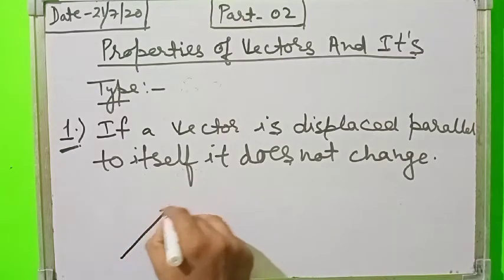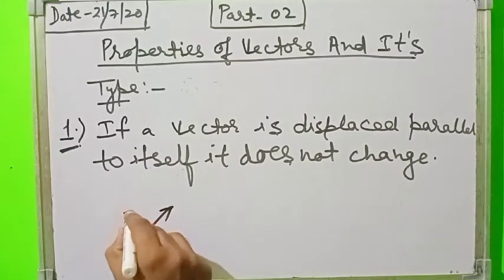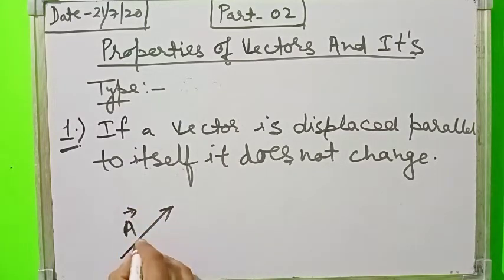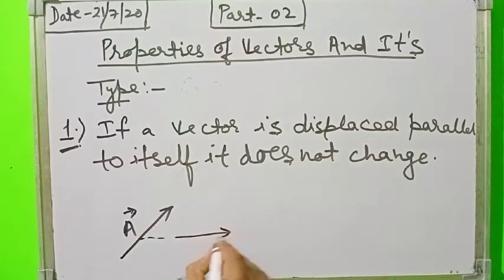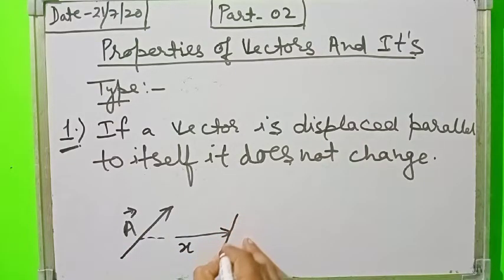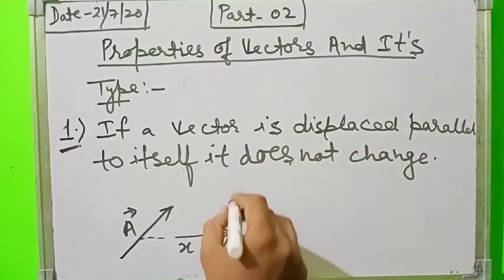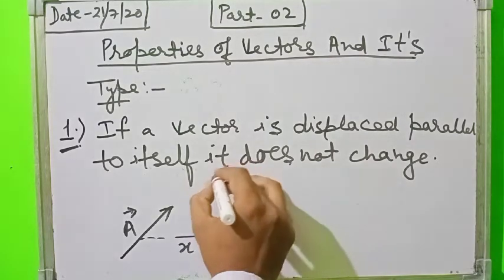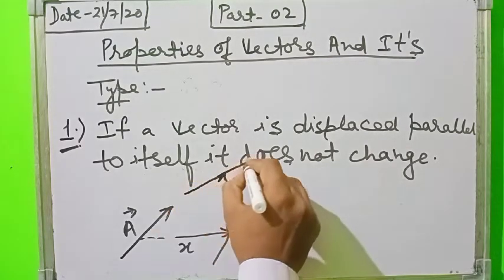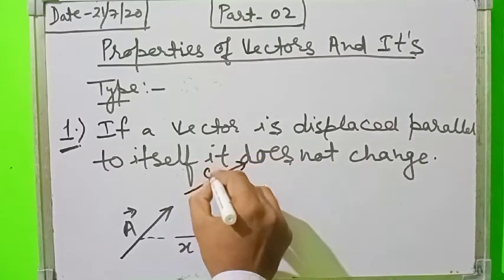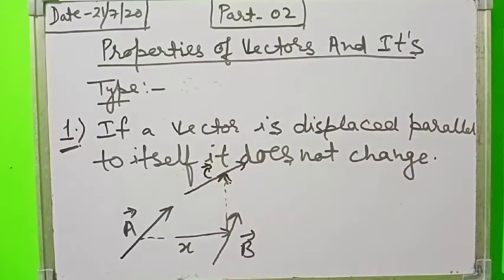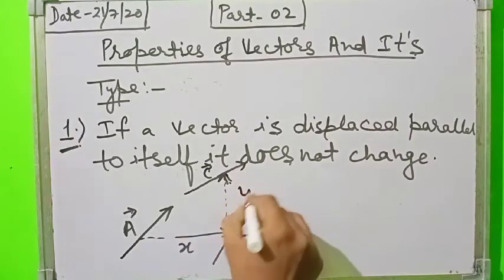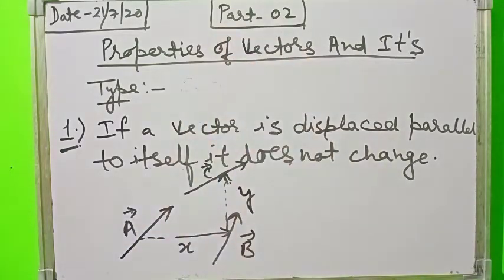For example, suppose this is vector A, and along the x-axis I displace this vector, this is vector B, and if I displace this vector along the y-axis, this is vector C. The meaning of the vector does not change by its parallel displacement.